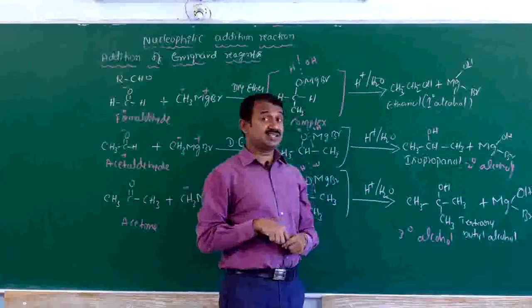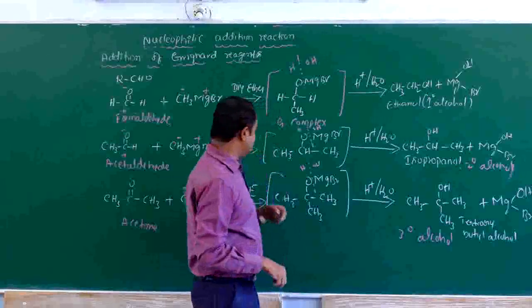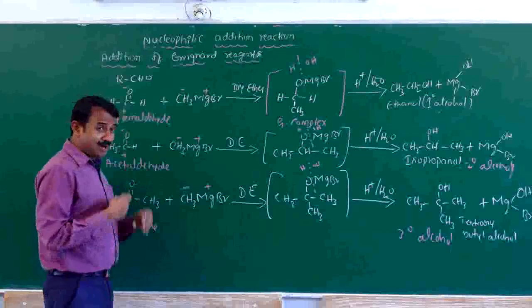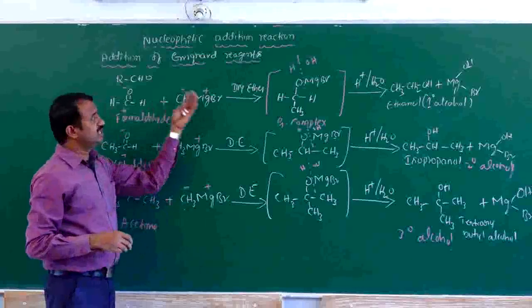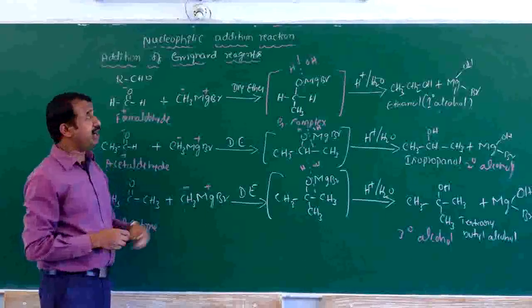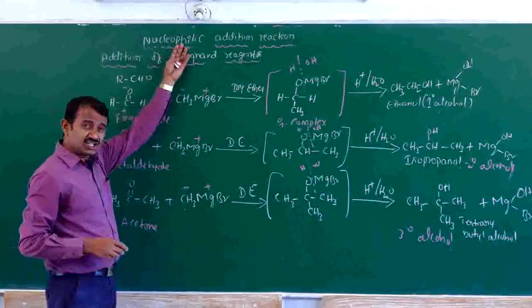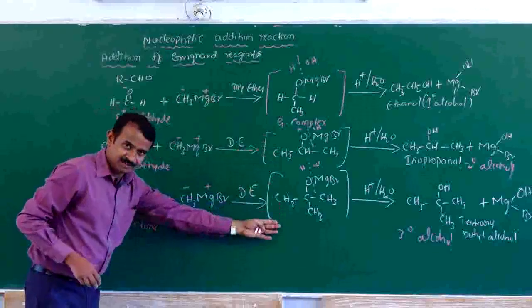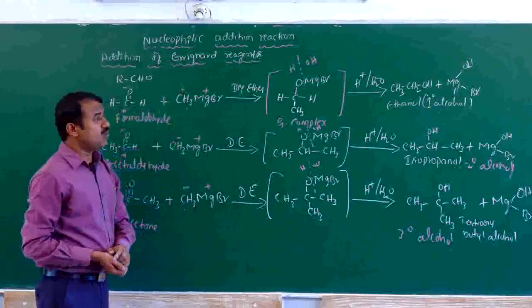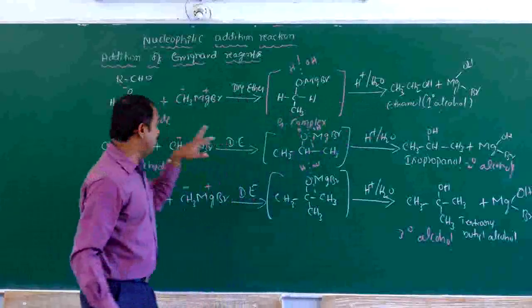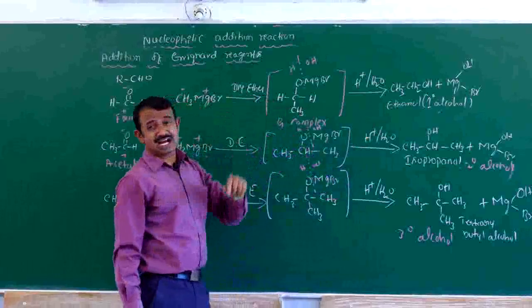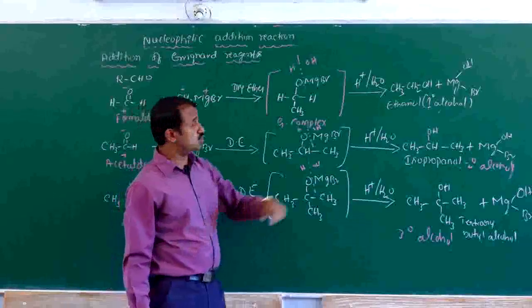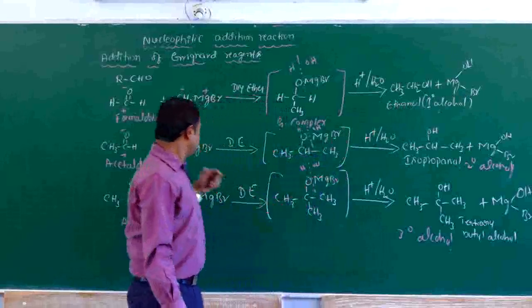We have already discussed this in the alcohol chapter, but we are discussing it in the chemical properties of aldehydes and ketones. It reacts with methyl magnesium bromide, undergoing addition reaction to form an adduct. This is important. Name the product when formaldehyde reacts with methyl magnesium bromide and hydrolysis: ethanol.